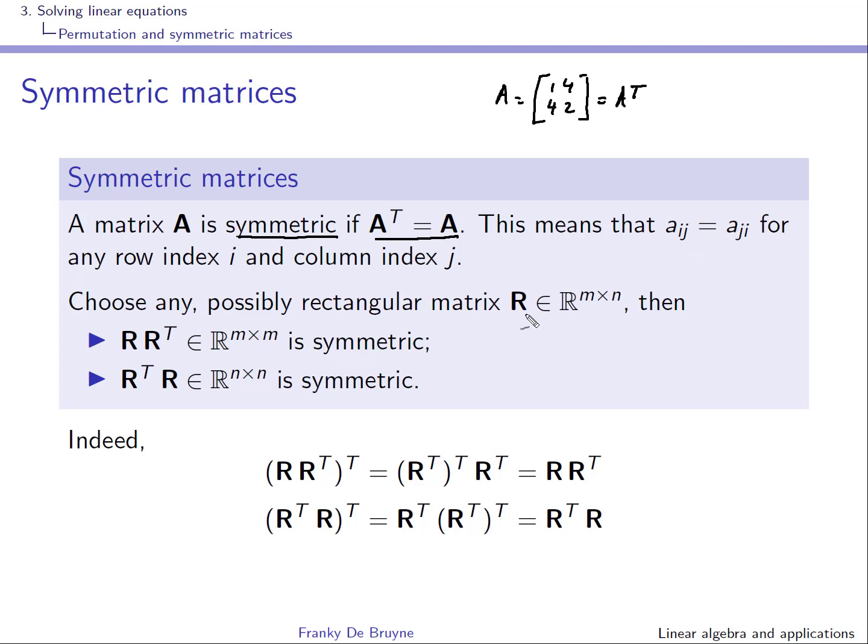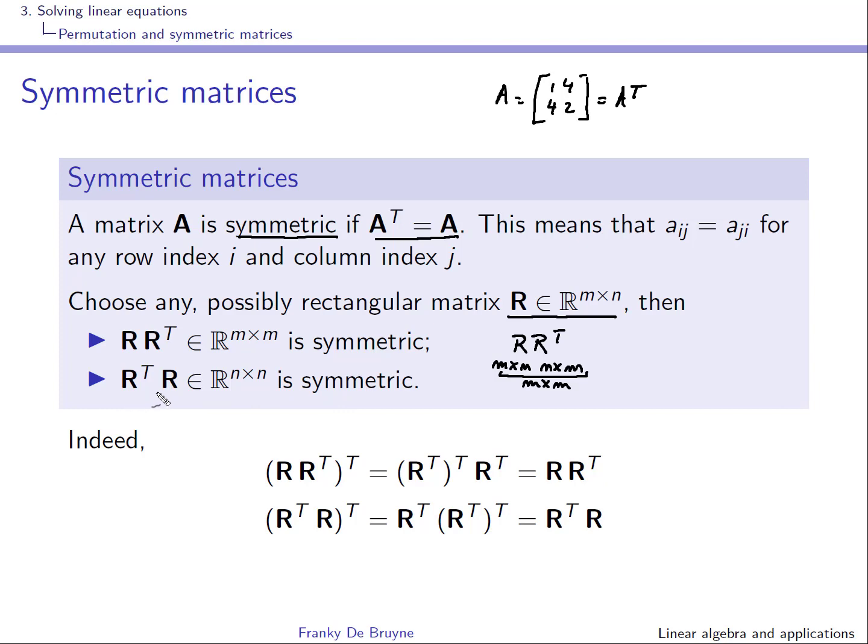It is quite easy to construct symmetric matrices from any rectangular matrix R, which has m rows and n columns. R times R transpose is m times n multiplied by n times m, so the resulting matrix is m times m. So it is square.